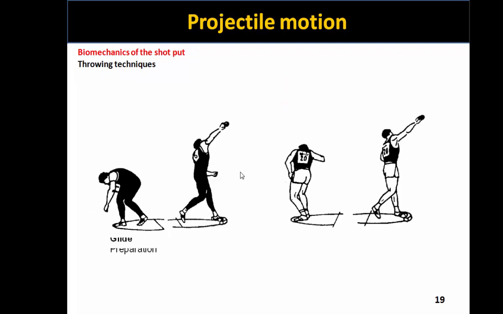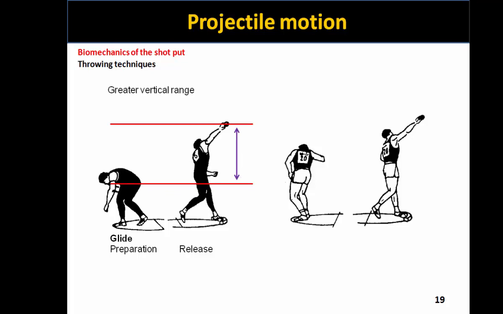So it begs the question, which of these two techniques are considered to be more advantageous? Well, if we focus first on the glide technique between the preparation and the release phase, what we see here is a much greater vertical range in the actual shot. So the shot is being held close inside, close to the athlete's neck, and the shot is released here at the end of the arm and hand.